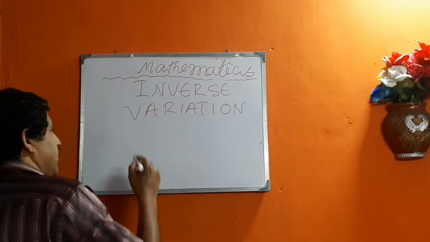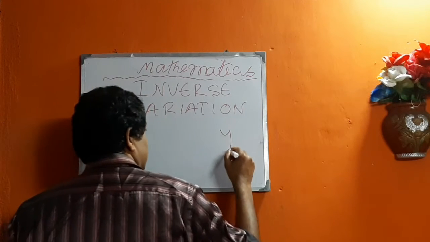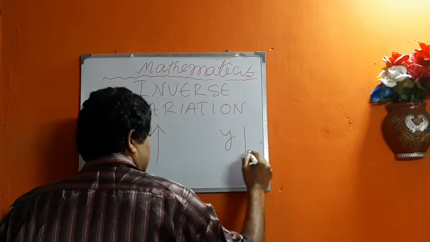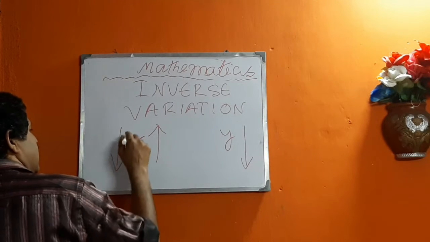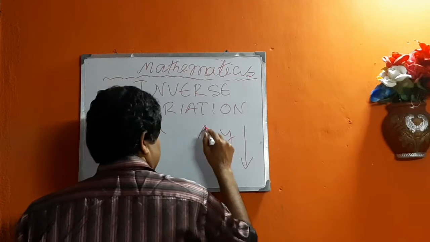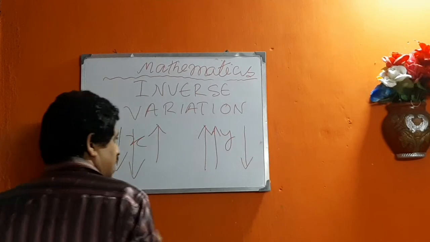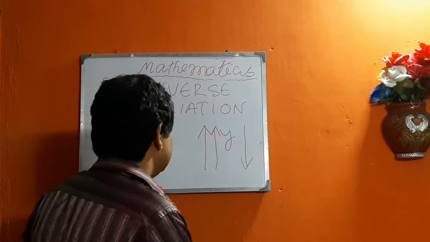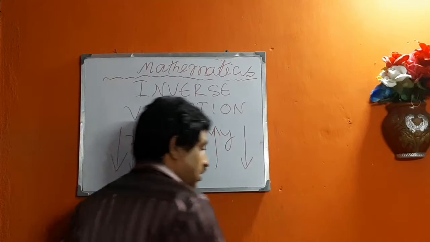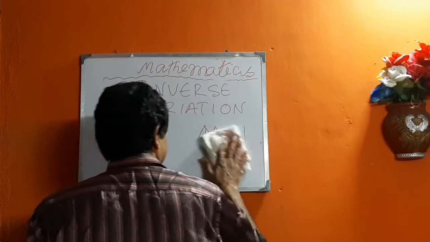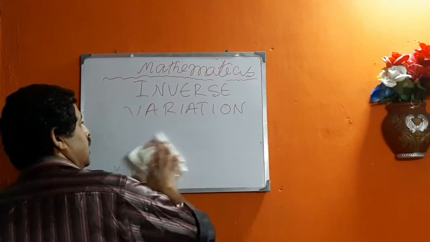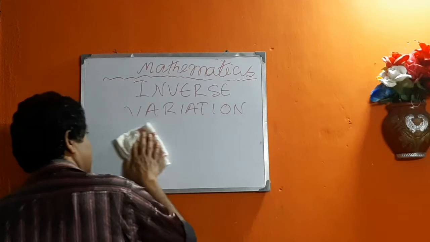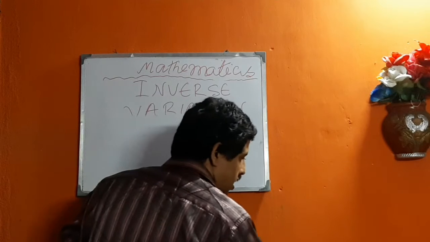For example, if x and y are two quantities, if x is increasing and y is decreasing, or x is decreasing and y is increasing, then x and y are said to be in inverse variation.